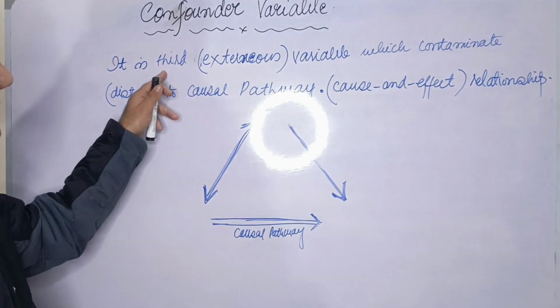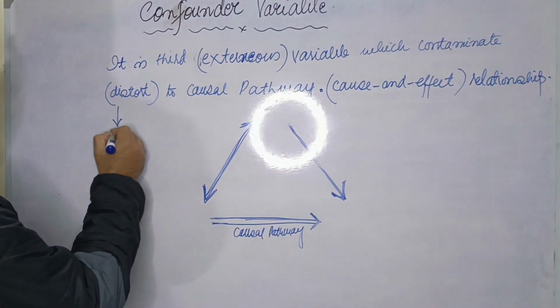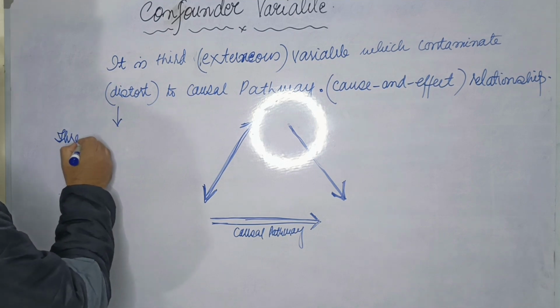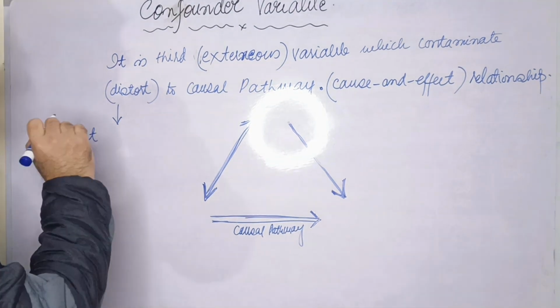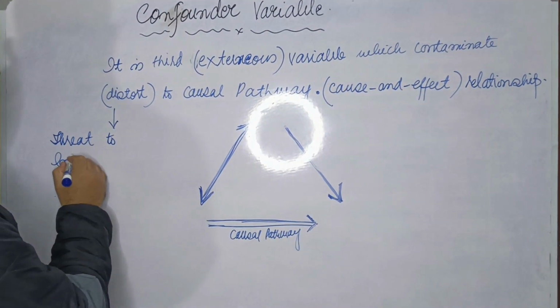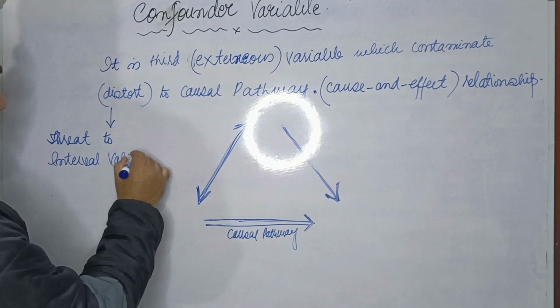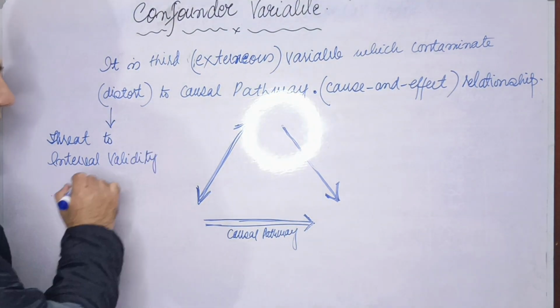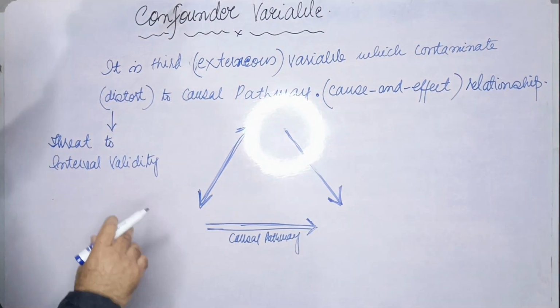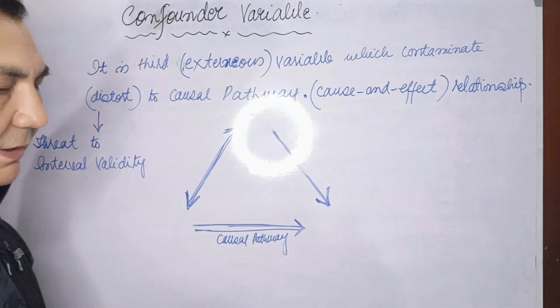So the confounder is a threat in the research design to the internal validity. Now what is internal validity?